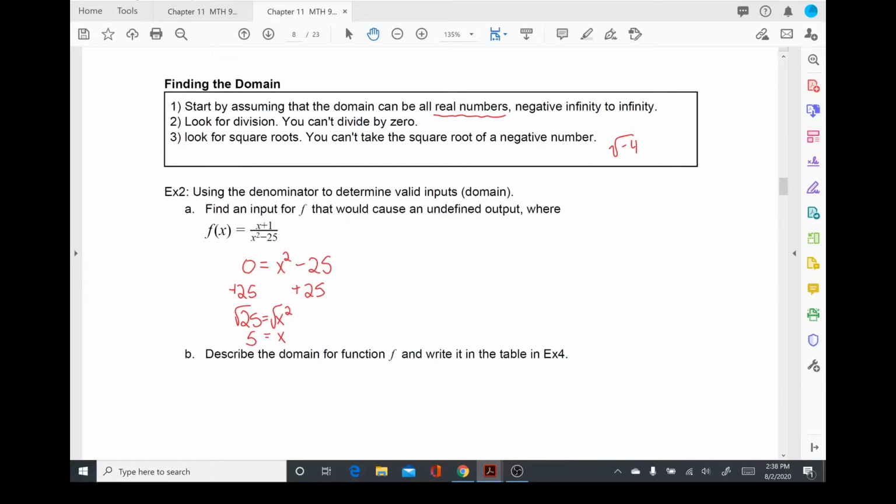And x could equal -5. So those are the 2 x's that are not allowed to be my solutions in this function. So x cannot equal -5 or 5, but it can be anything else.